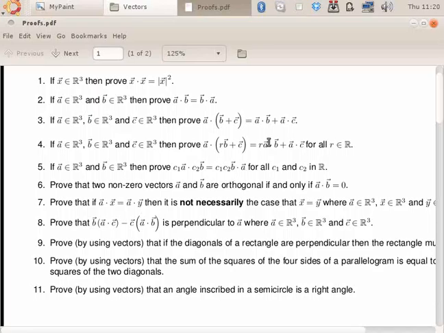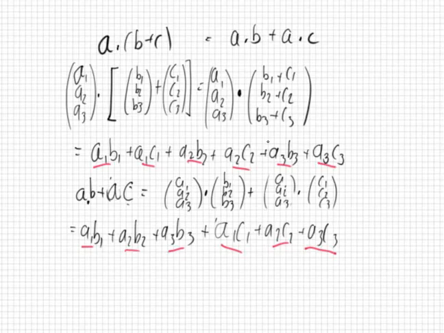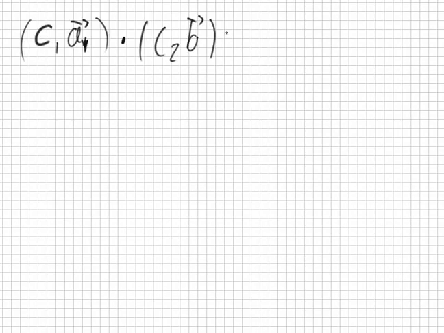So let me show you that one. What I want to show here is C1A, and to make it clear, that's the vector there, dot C2B, and that's the vector. That's the same as C1 multiplies C2, and then A dot B. In other words, you're allowed to take constants out in front.